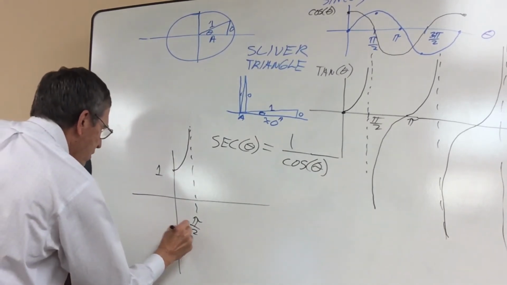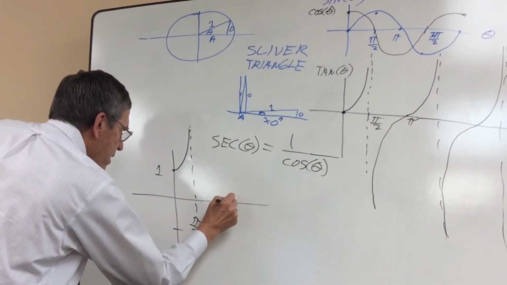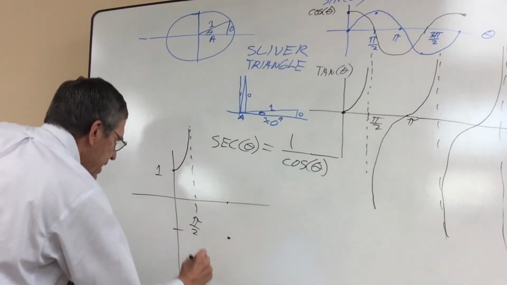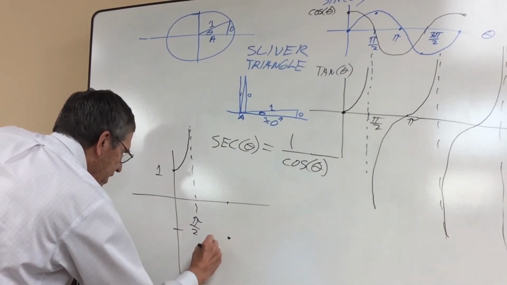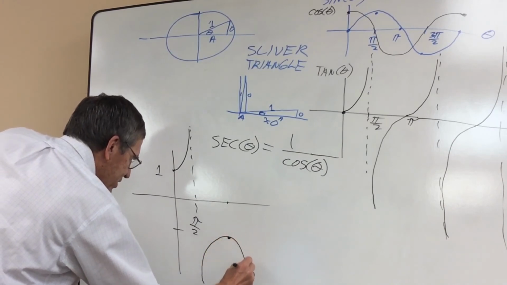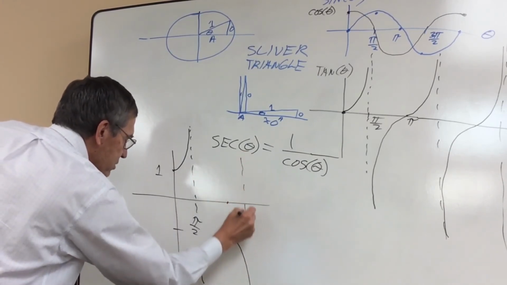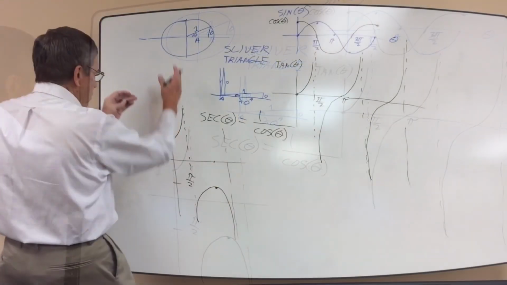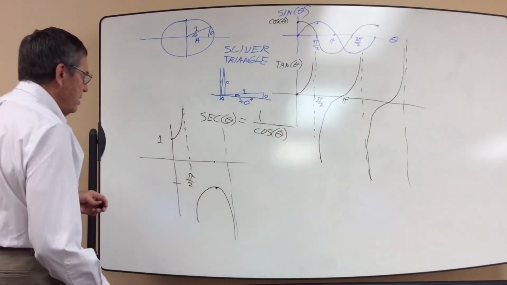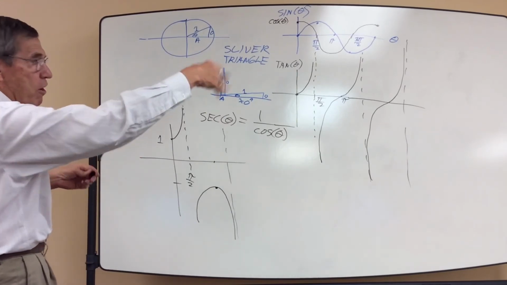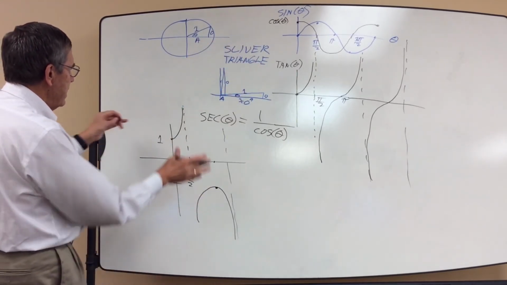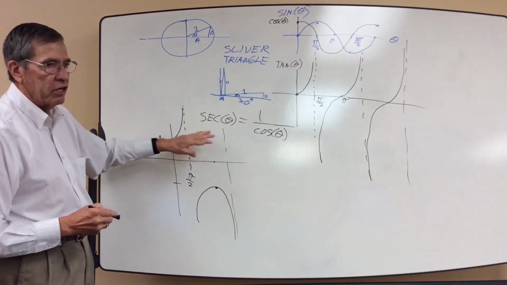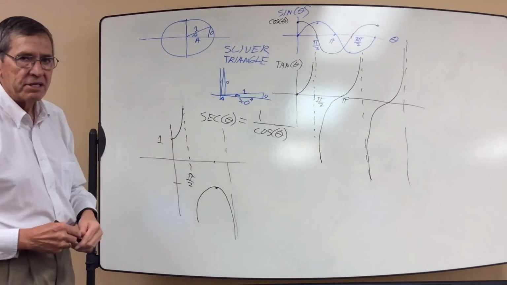So we're going to have -1 right down here. And this asymptote is going to go like this, and then it's going to continue like that to another asymptote. And we would just replicate that through hitting these barriers at each part of the cycle. Okay? So that's how you could do a secant. I invite you to do the same thing with the cosecant and also the cotangent on your own.